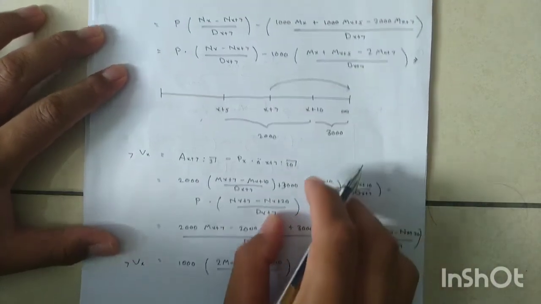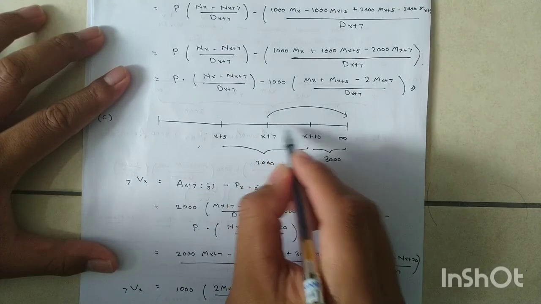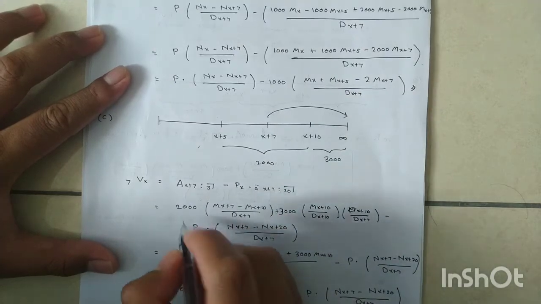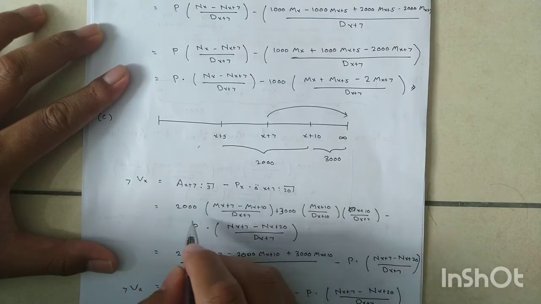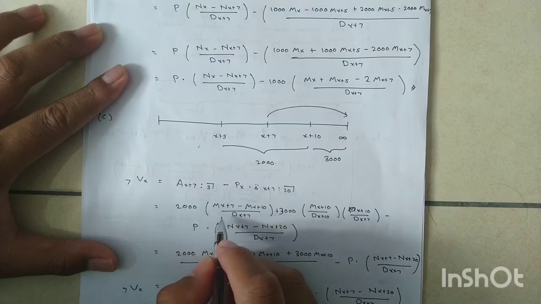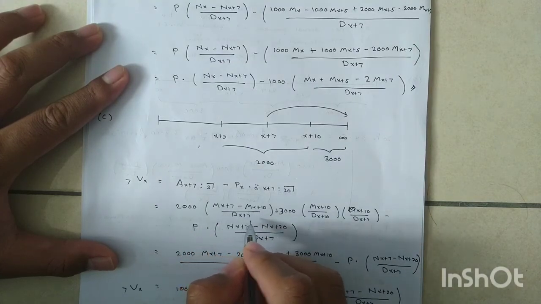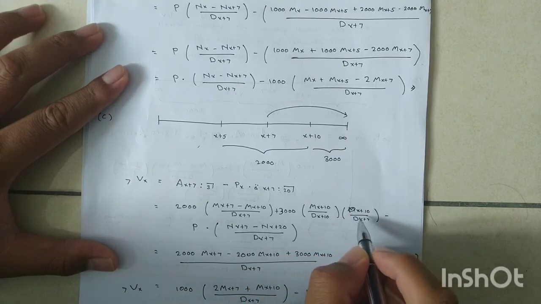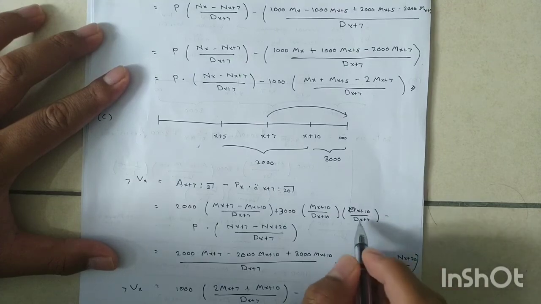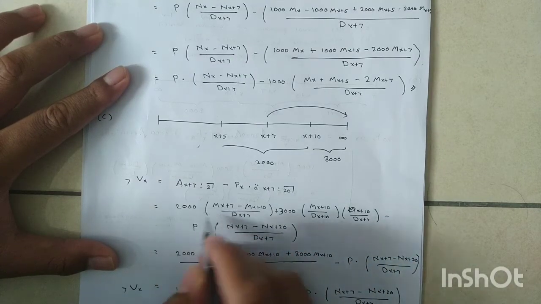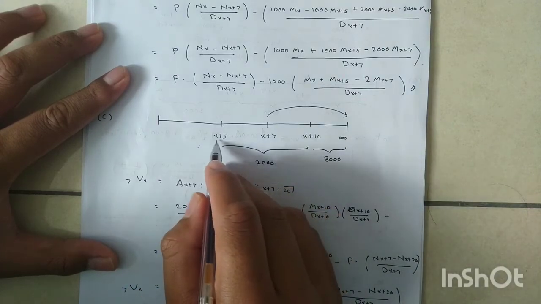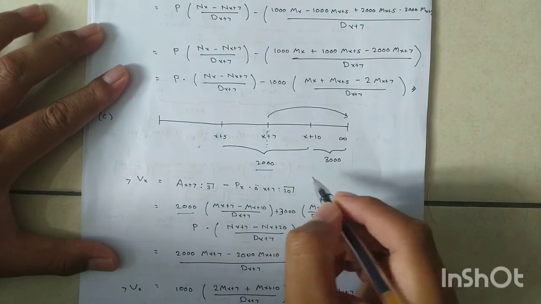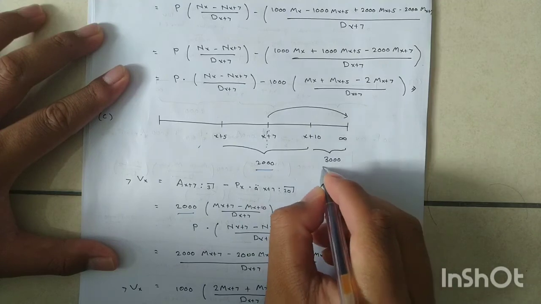Looking at the timeline again, since the question asks for the future, we translate into commutation symbols immediately: 2000 (Mx+7 minus Mx+10) over Dx+7 plus 3000 Mx+10 over Dx+10 times deferred Dx+10 over Dx+7. The reason we include 2000 is that x+7 is located between x+5 and x+10.